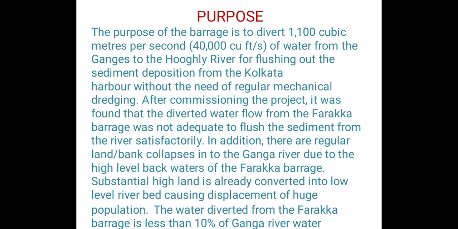In addition, there are regular land bank collapses into the Ganga river due to the high level backwaters of the Farakka barrage. Substantial highland is already converted into low level riverbed, causing displacement of a huge population. The water diverted from the Farakka barrage is less than 10% of Ganga river water.